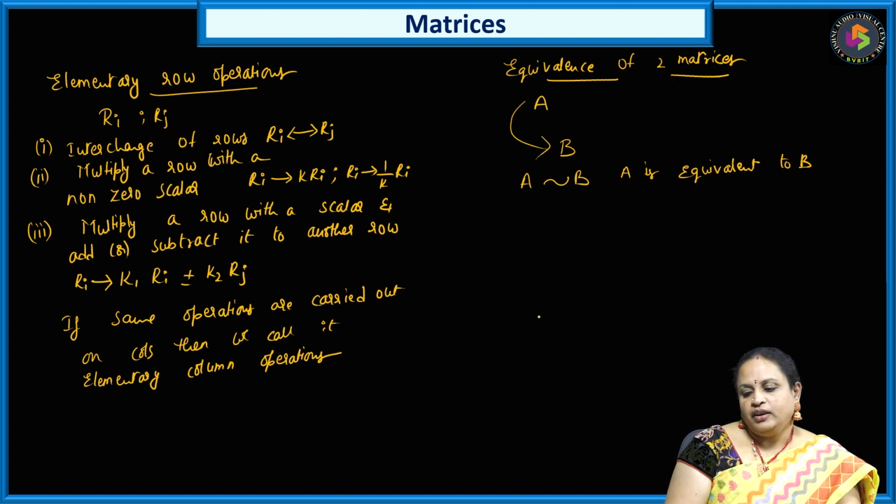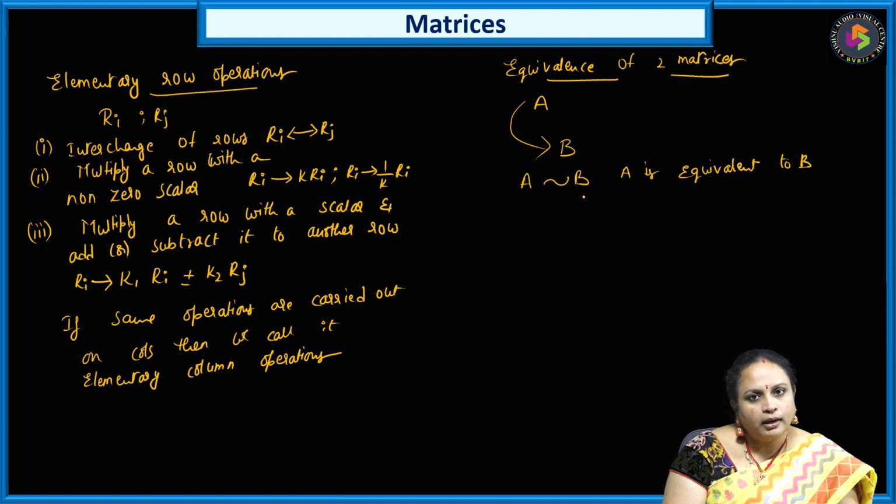A is equivalent to B. And whenever A is equivalent to B, then whatever properties B is having, the same properties A also will be having. Those properties are like determinant, rank, like this.